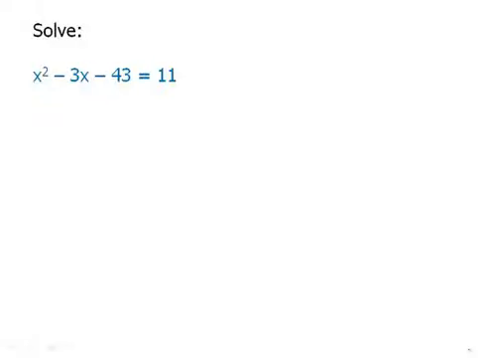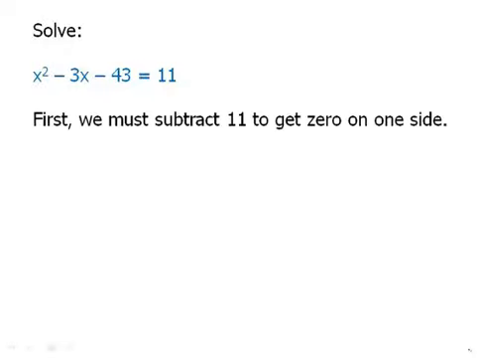Here's another example. Now before we can apply the zero product property, we have to have something that equals 0. So our first step is going to be to get the quadratic equal to 0. And we're going to do this by subtracting 11 from both sides. So we get x squared minus 3x minus 54 equals 0. So 54, that's a tricky number. But notice 6 times 9 is 54.